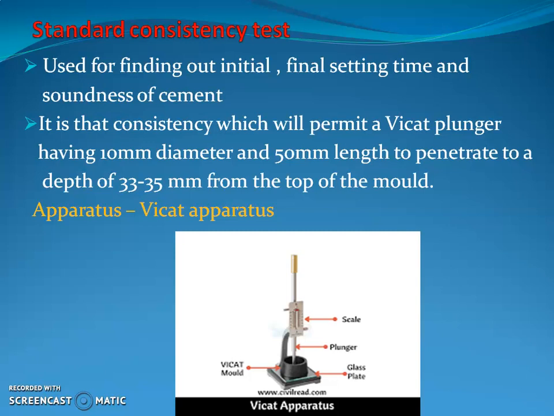For the standard consistency test, the required apparatus is Vicat apparatus as shown in the figure. Vicat apparatus consists of scale, plunger, glass plate and Vicat mold. Standard consistency is that consistency which will permit a Vicat plunger having 10 mm diameter and 50 mm length to penetrate to a depth of 33 to 35 mm from the top of the mold.